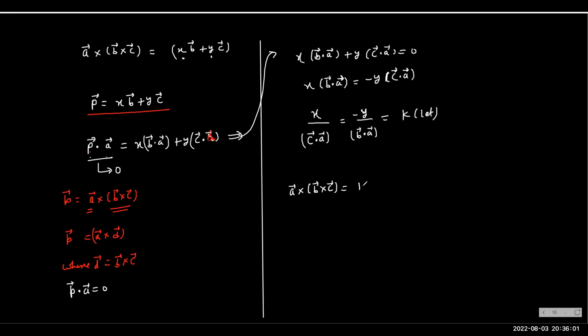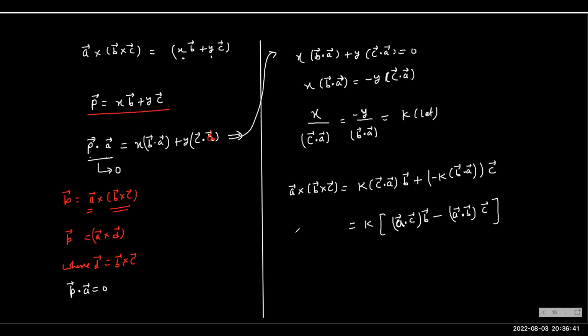The X can be replaced by K times C dot A into B, and Y is minus K times B dot A into C. You can rewrite with K common: K times A dot C into B vector minus A dot B into C vector.